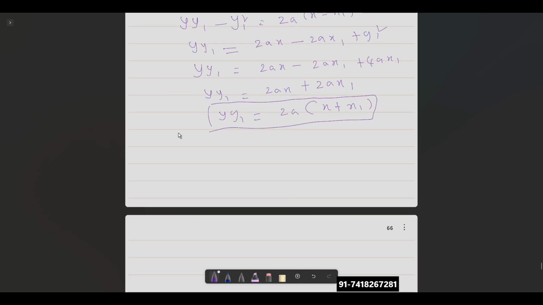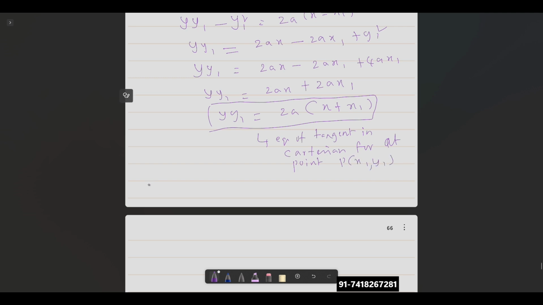Okay, if you have directly P x1 y1 here. So now, this is the Cartesian form, the equation of tangent in Cartesian form, given at a point P x1 y1, right?